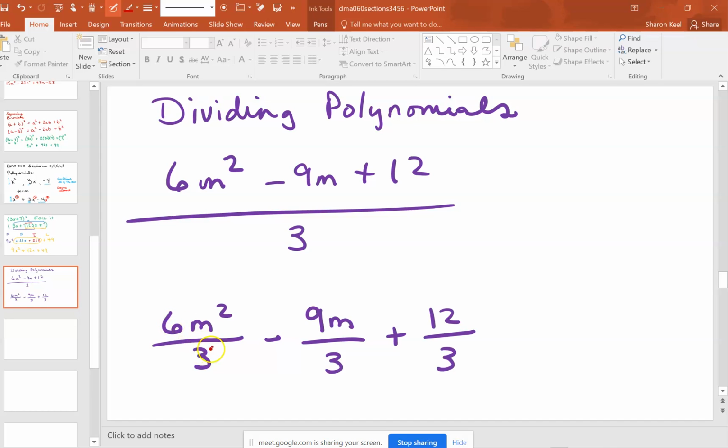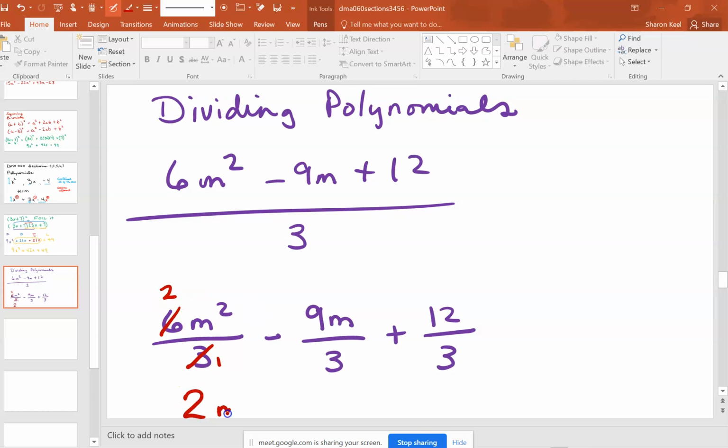So for this first one, 3 goes into 3 once, it goes into 6 twice. So that leaves me with 2m squared. 3 goes into 3 once, it goes into 9 3 times. I'm left with minus 3m. The last one, 3 goes into 3 once, it goes into 12 4 times. My last term is plus 4, and you're finished.